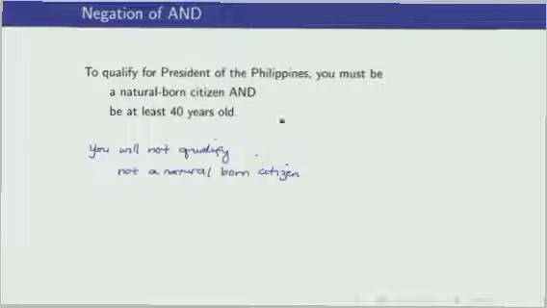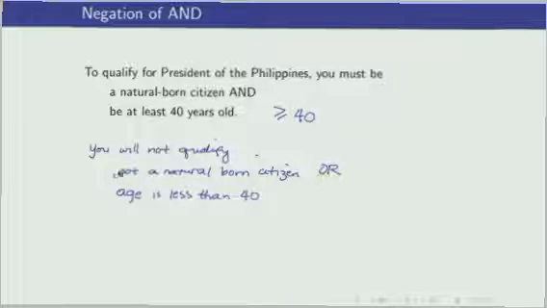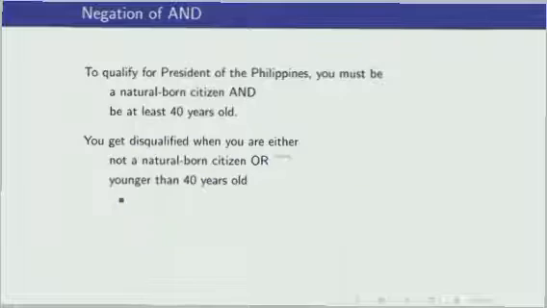And then do not forget and becomes or. For the second one, you negate at least 40 years old. At least 40 years old means you are greater than or equal to 40. Therefore, the negation of that is your age is less than 40. That is the negation of this statement. Take note, this is or. So therefore, if you just satisfy at least one of this, automatically you will be disqualified.